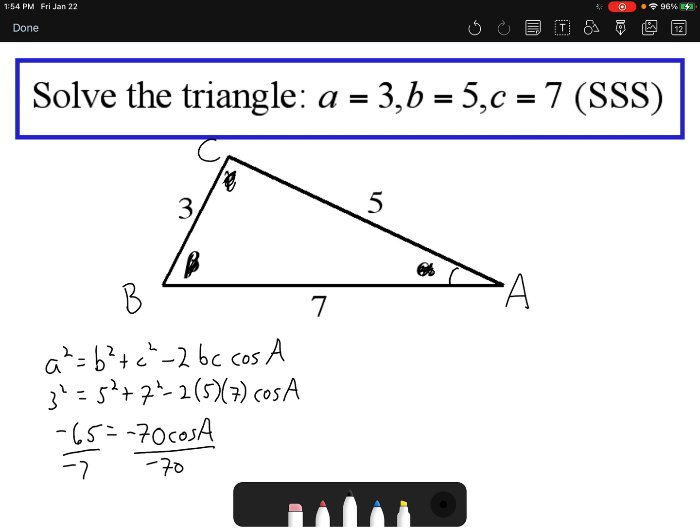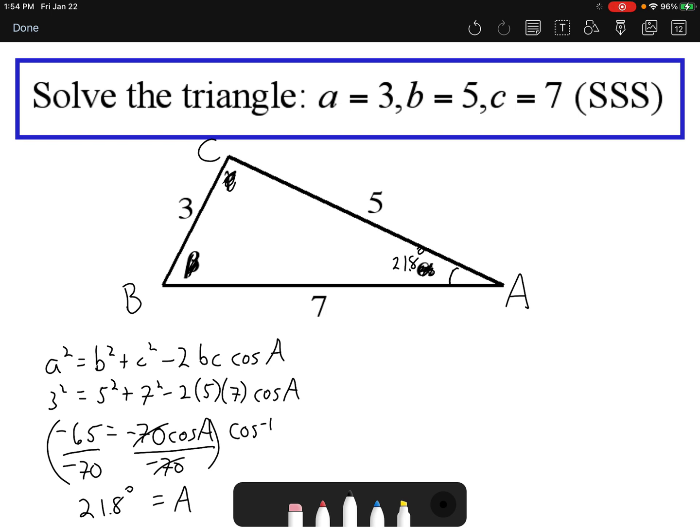So then we divide by negative 70. Good numbers makes it easy, doesn't it? So then I have to do the inverse cosine to find angle A. And the inverse cosine of that answer is 21.8 degrees. So that's A.